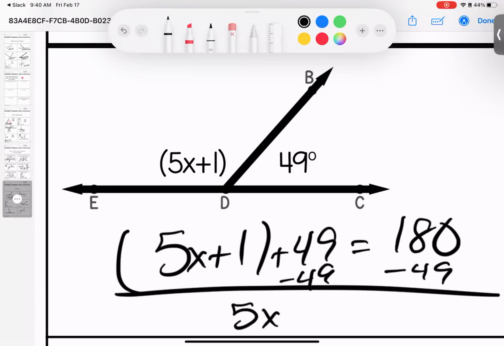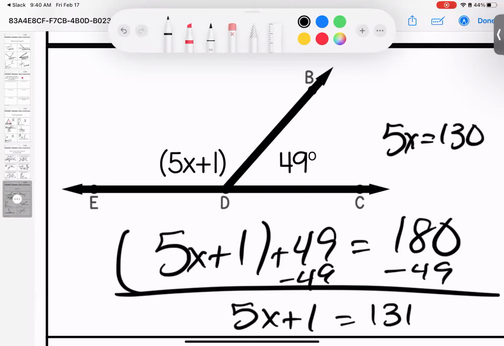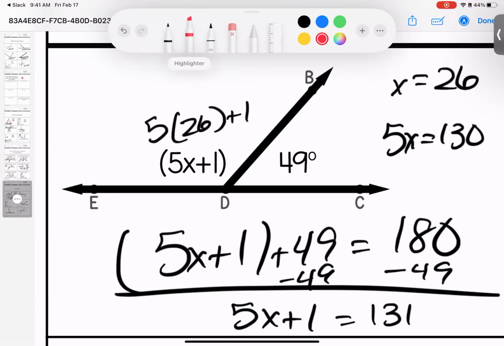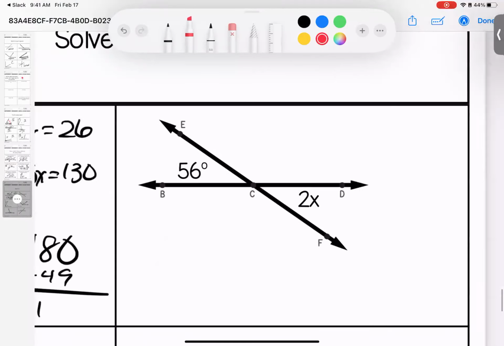I have 5x plus 1, dropping my parentheses, is 131. I'm then going to take away my 1 from both sides, which gives me 5x is equal to 130. And then when I divide 130 by 5, I am left with x is equal to 26. So this would be 26. If I substitute and solve, I will see that I get my 180 degrees.